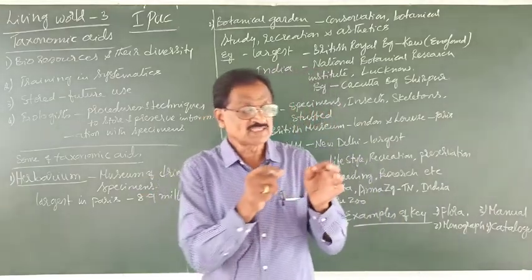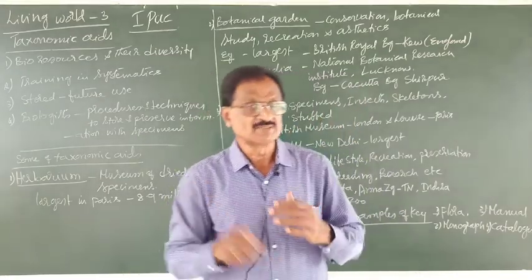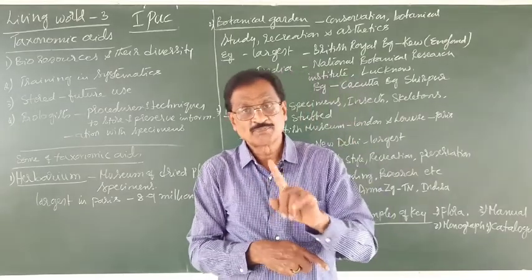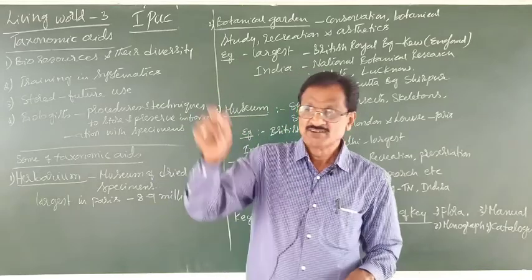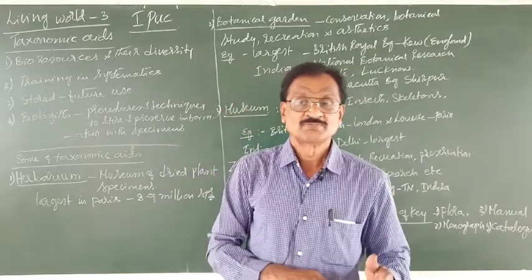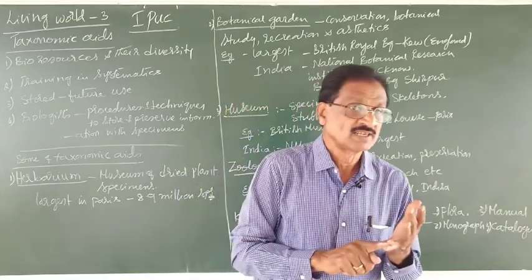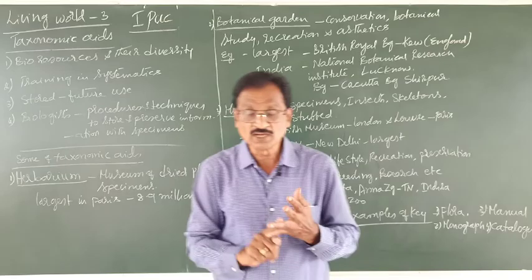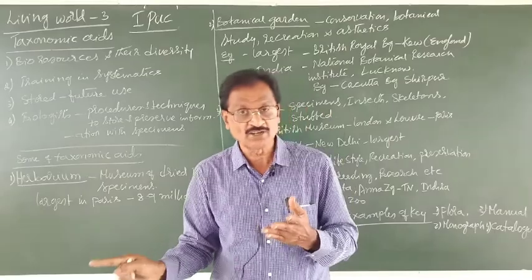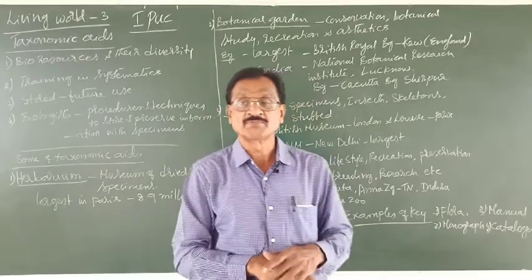First of all, the plant is collected from nature. Then it is dried, pressed, and preserved on a drawing sheet with taxonomic information like the name of the plant. The name should contain the scientific name and local name, written in English or the regional language, and the scientific name.